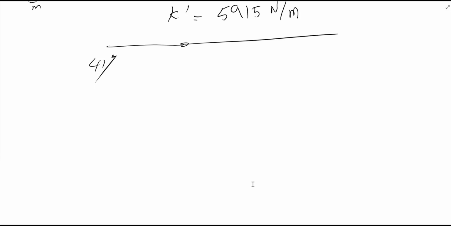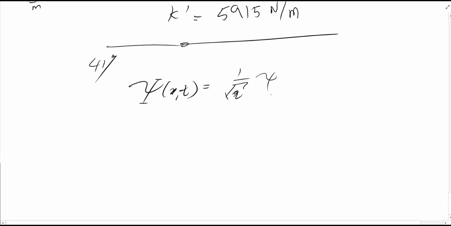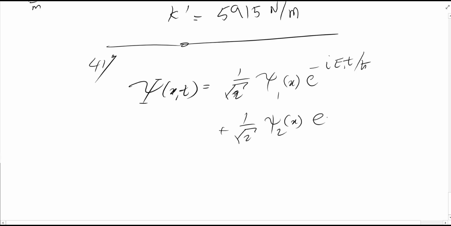Okay, so let's write this thing in here. We have psi of x and t, the big one, not just the spatial one, equal to 1 over square root of 2 times psi 1 of x times exponential of negative i E1 t over h bar, plus 1 over square root of 2 psi 3 of x times exponential of negative i E3 t over h bar.